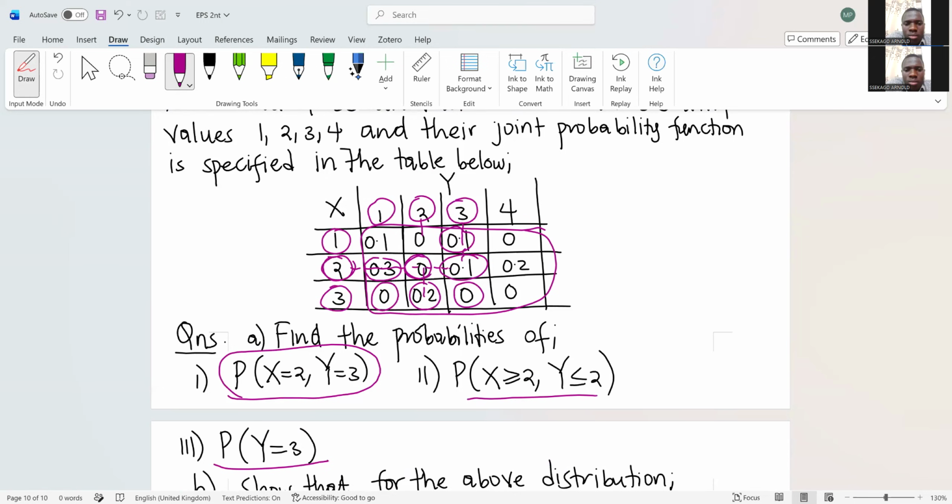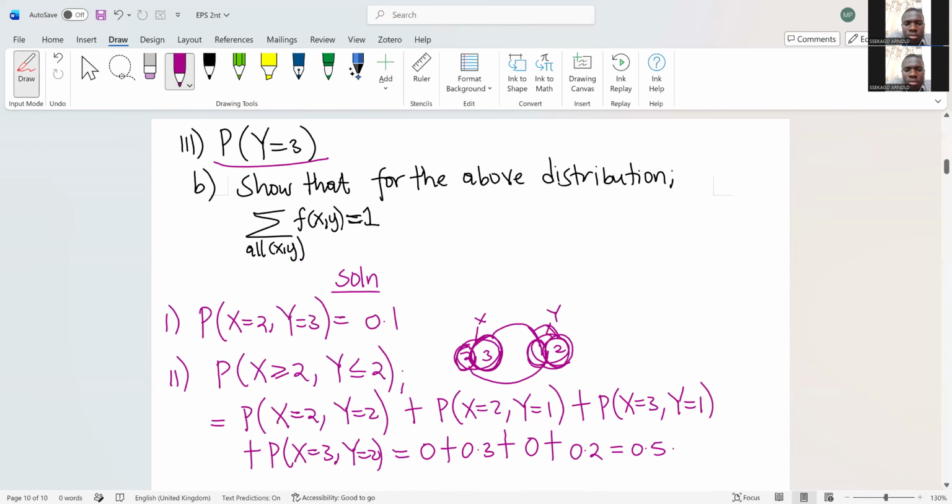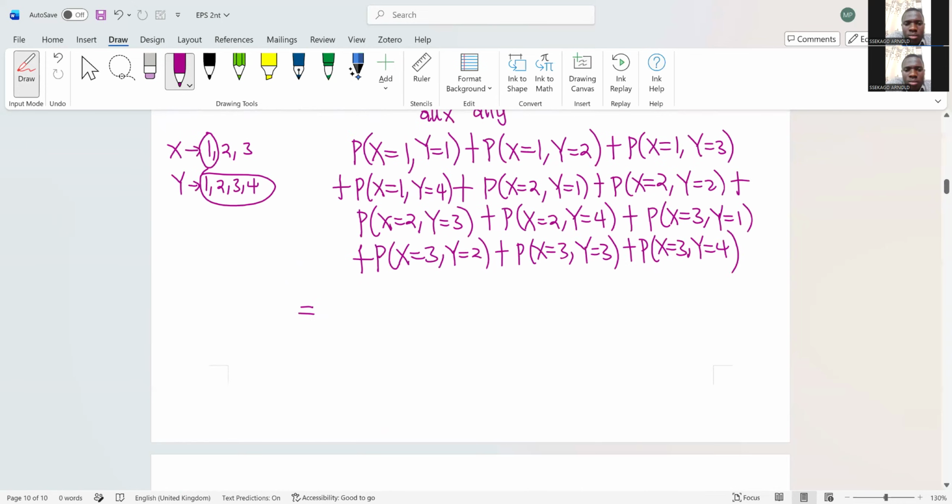So we sum 0.1, 0.1 plus 0 plus 0.1, that is 0.2, plus 0, so 0.2, plus 0.3, 0.5, plus 0, 0.5, plus 0.1, 0.6, plus 0.2, 0.8, plus 0, still 0.8, plus 0.2, which is a 1, plus 0, which is a 1, plus 0, which is still a 1.